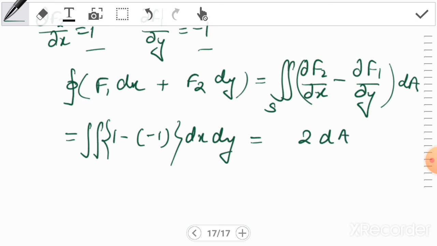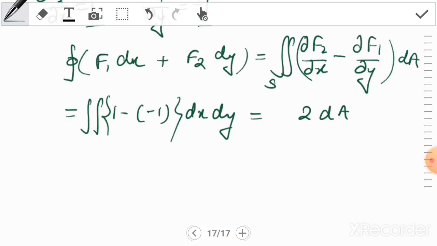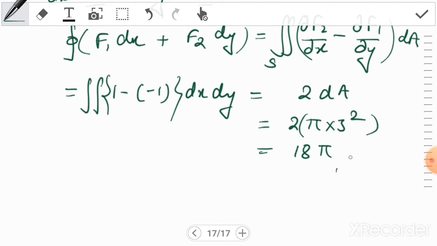And we know that C is given as a circle with radius 3, which has area pi r square, or pi into 3 square, so 2 times 9 pi, which is 18 pi. So 18 pi is the answer.